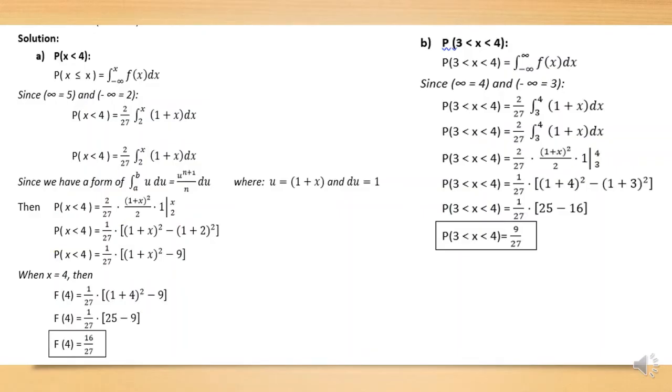So, this one is the solution ng ating x less than 4. So, ang ating ginagawa ay yung f(x) dx natin, no? So, ang function natin is yung 1 plus x. Siyempre, this is a constant. You can remove that sa integration process. And then, we have 2x natin.